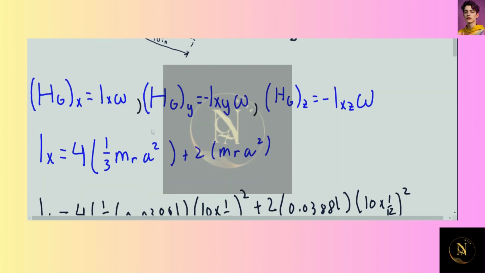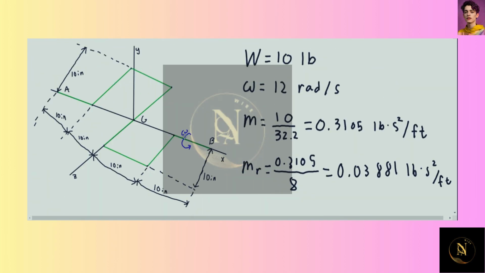Now the moment of inertia about the xy direction is going to be equal to 0, since if we look at the free body diagram, notice that in the xy plane we don't have any rods. It's all in the xz plane.